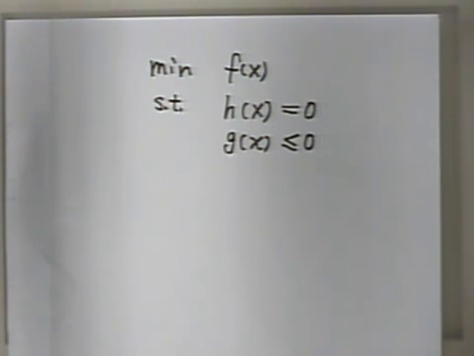And then we also talked about the inequality constraint. In this case, we write it as g of x less than or equal to 0 in standard form. And then the difficulty comes from where? The inequality constraint: basically, we have to identify if the constraint is active or inactive, right?